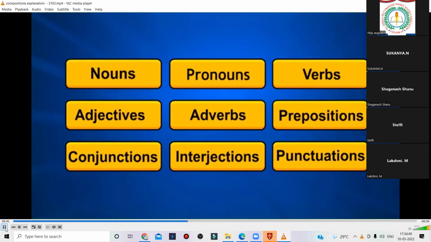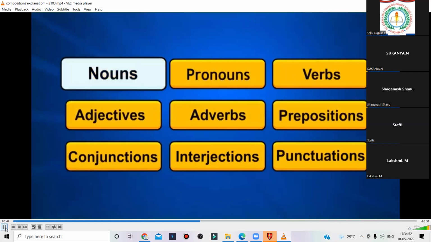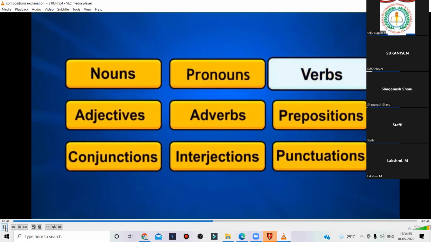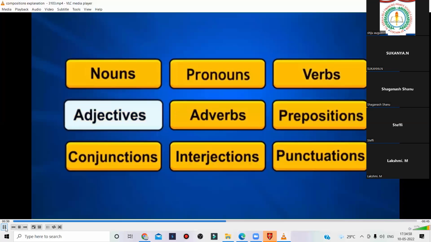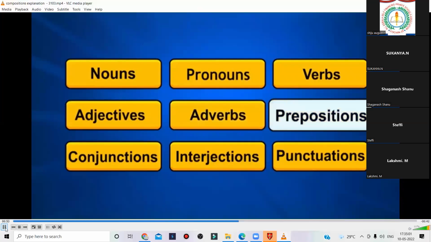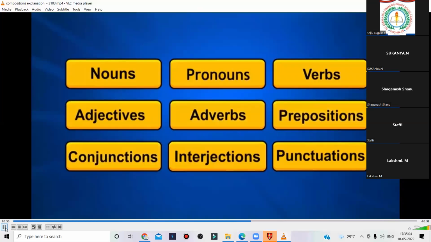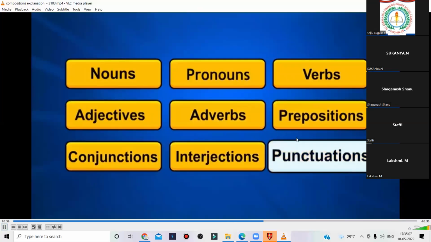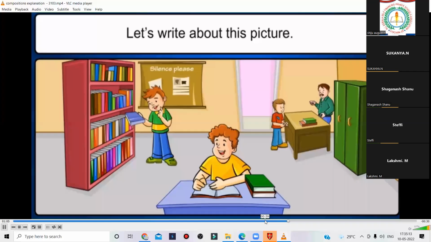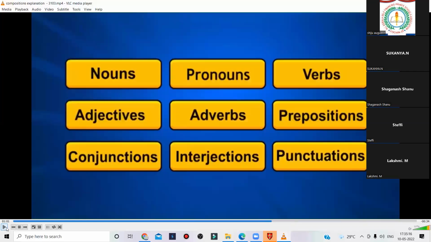The different parts of a sentence are nouns, verbs, adjectives, adverbs, prepositions, conjunctions, interjections, and punctuations. All of you must write these down. Look at the picture. What is it? Did you write it? Nouns, naming words. Pronouns, the words used instead of or to represent a noun. Verbs, the action word, the doing word.